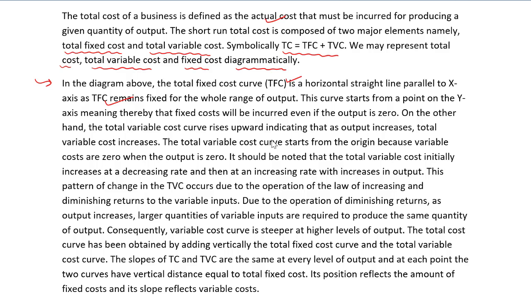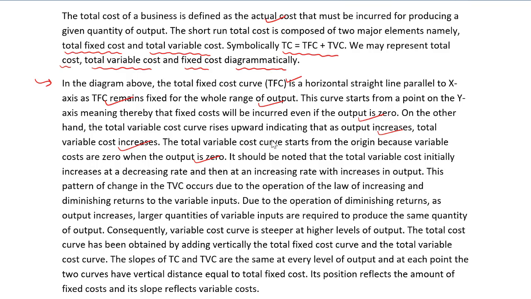As TFC remains fixed for the whole range of output, the curve starts from a point on the y-axis, meaning thereby the fixed cost will be incurred even when the output is 0. On the other hand, the total variable cost curve rises upward, indicating that as the output increases, the total variable cost increases. The total variable cost curve starts from the origin because variable cost is 0 when the output is 0.